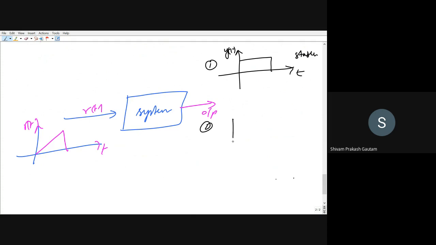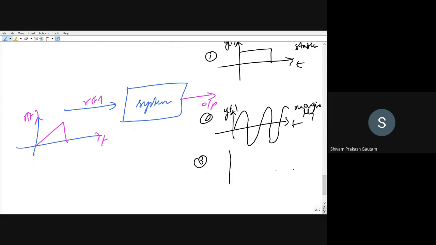Second condition can be there where you have an oscillatory response. This kind of system is called marginally stable. And the third kind of response can be an unbounded response.